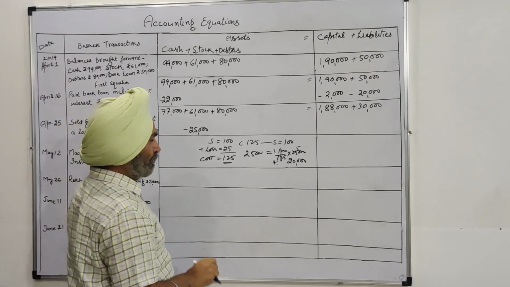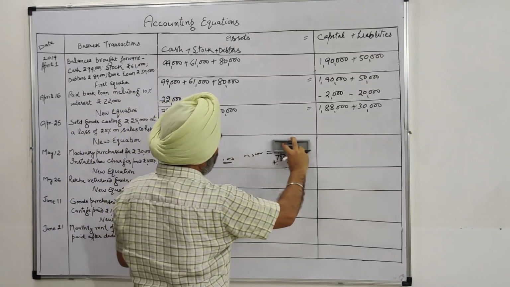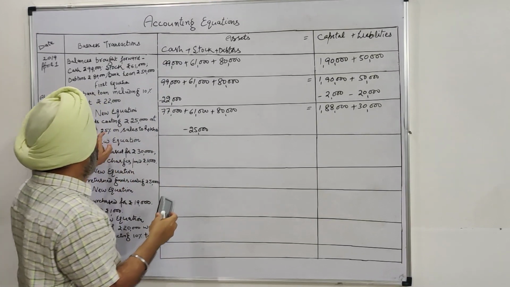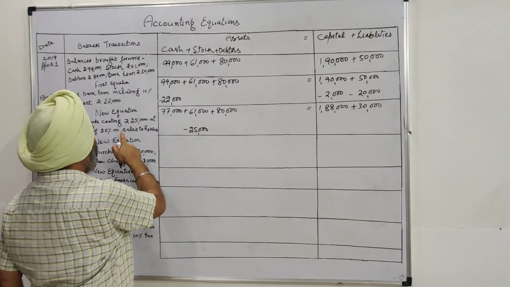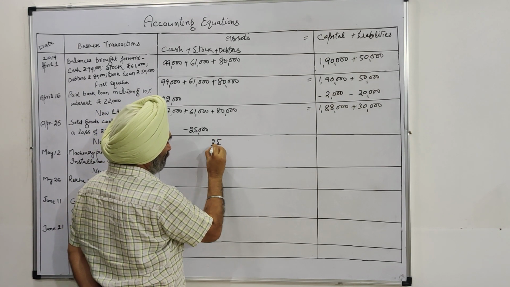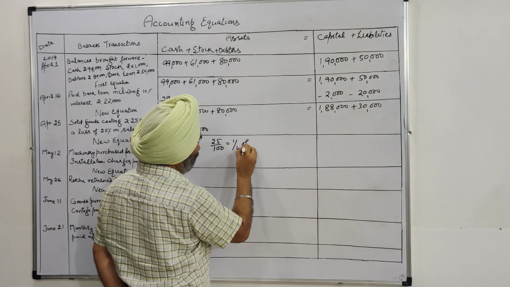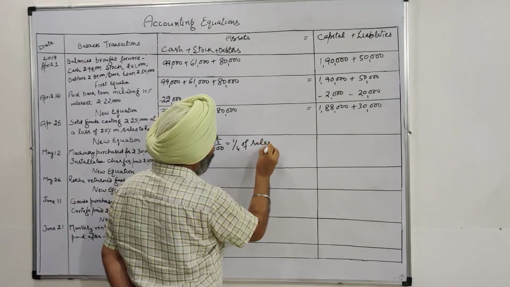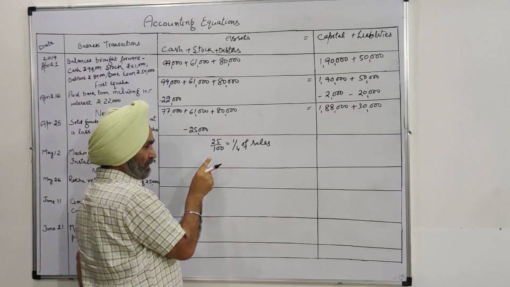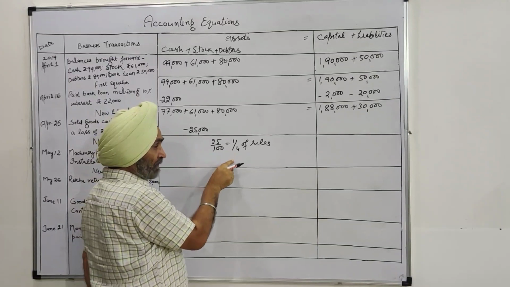This 5,000 loss we can calculate by a shortcut method also. We are given 25% loss on sale. 25% means 25 by 100, that means 1/4 of sale. If it is 1/4 of sale, in case of profit, this fraction is 1 less, it will be 1/3 of cost.